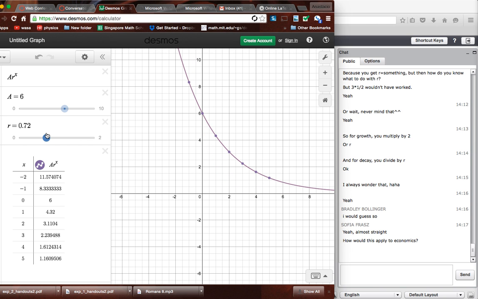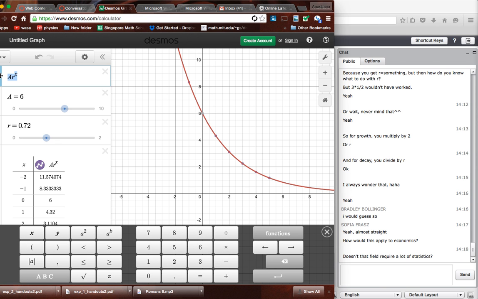How would I apply this to economics? Okay, fine. This is an extremely important equation. In fact, the biggest use for this equation that I've come across has to do with interest rates.